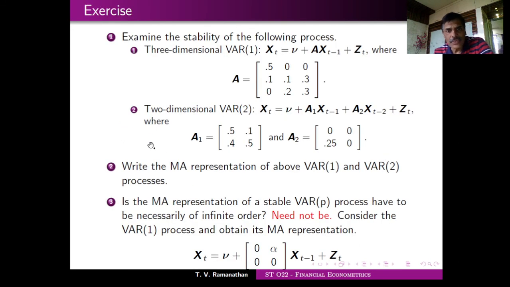Okay, so this is what you need to show in this particular case, or the roots are lying outside the unit circle. So basically you will be computing the roots. Not equal to 0 means actually you will equate to 0 and then find what is the z for which it is 0. So it should lie outside the unit circle.